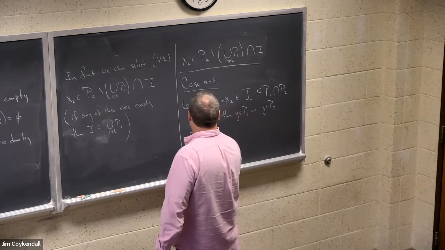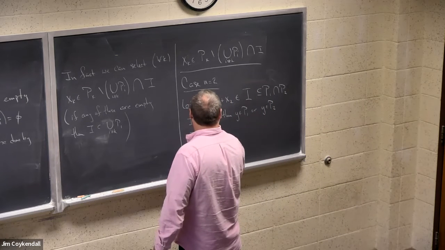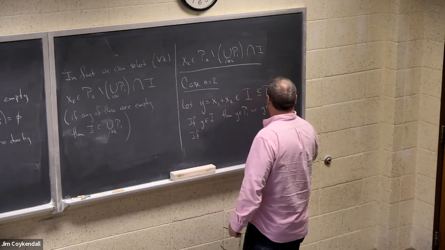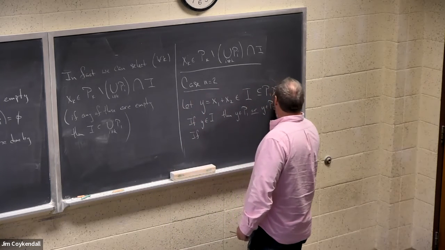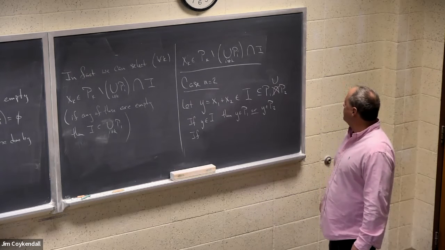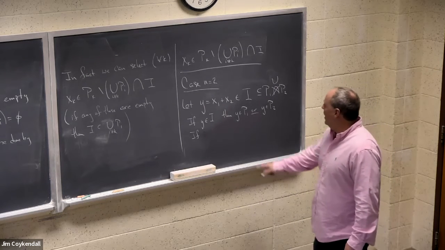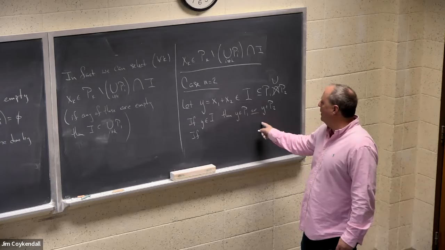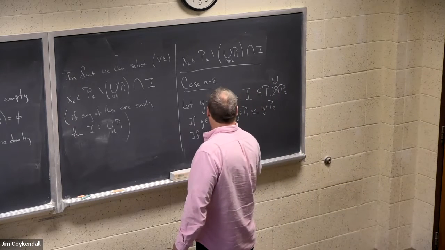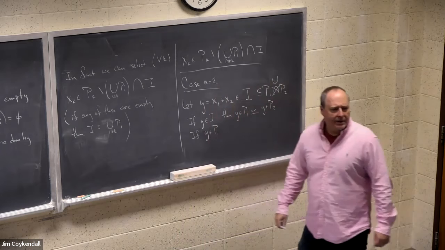Oh, I'm sorry. And I did get that right. Yeah, I just did my symbol right. If y is in I, then y is in P1 or y is in P2. So if y is in P1, anybody see what the problem is?